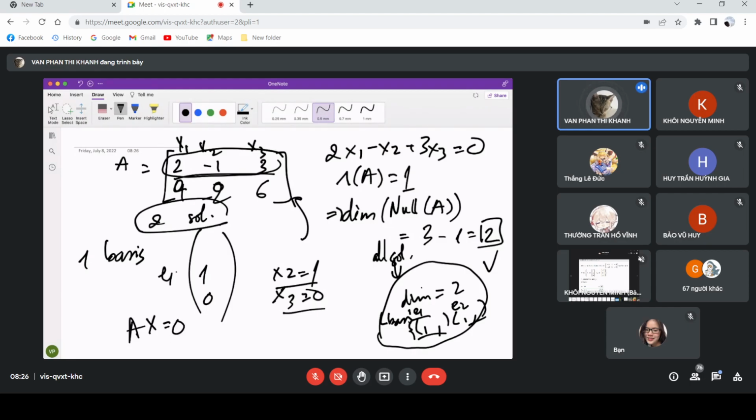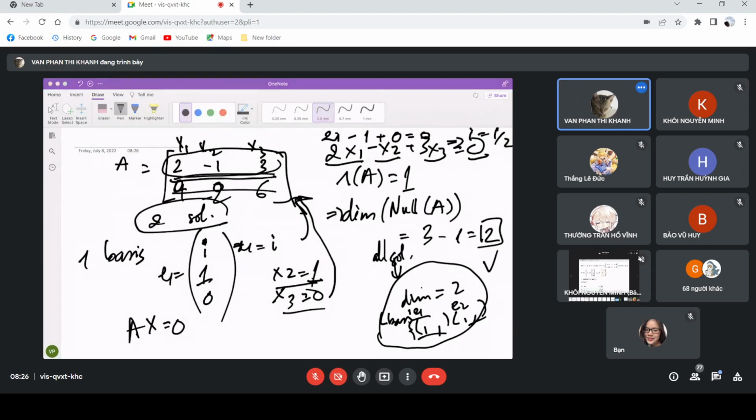So my vector e1 is (I, 1, 0), right? So it's a solution. It means that x1 equals I, x2 equals 1, x3 is 0. And I have the equation because after reducing, we have only one equation left: 2x1 minus x2 plus 3x3 equals 0. This means 2I minus 1 plus 0 equals 0. So we can find I is 1/2. Understand it now?